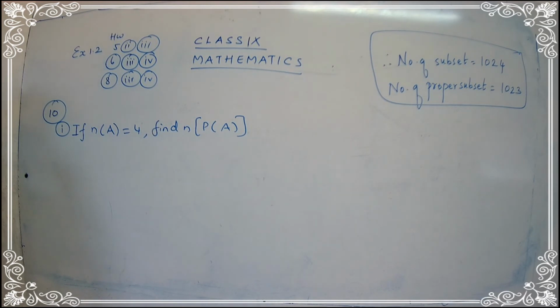Here, in the previous case, we have found the number of elements, the number of subsets and also the number of proper subsets. Here we are going to do it directly.